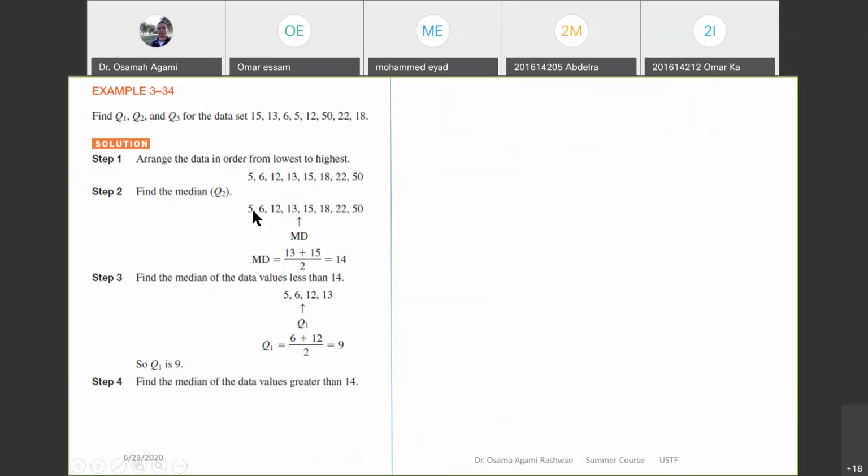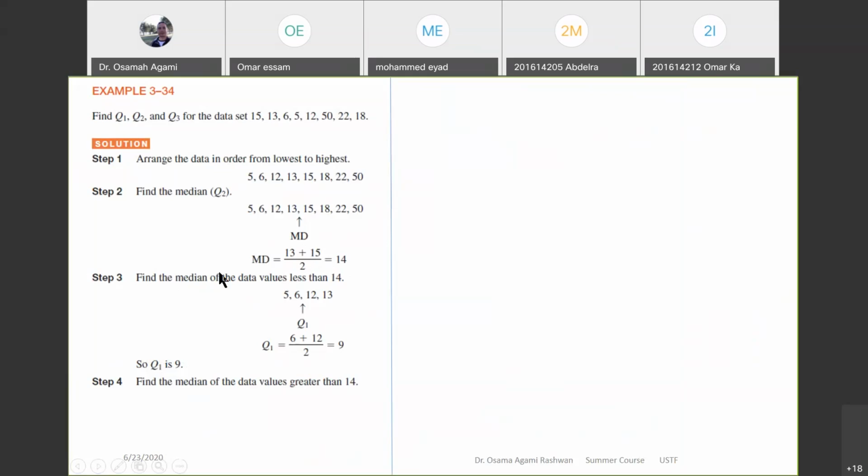How many values do I have? 1, 2, 3, 4, 5, 6, 7, 8. So I have an even number of data, so the median will not be one of them. In the middle, I have two values, 13 and 15. So the median will be the average of these two. 13 plus 15 divided by 2 gives you 14. So I know the median is 14, right?